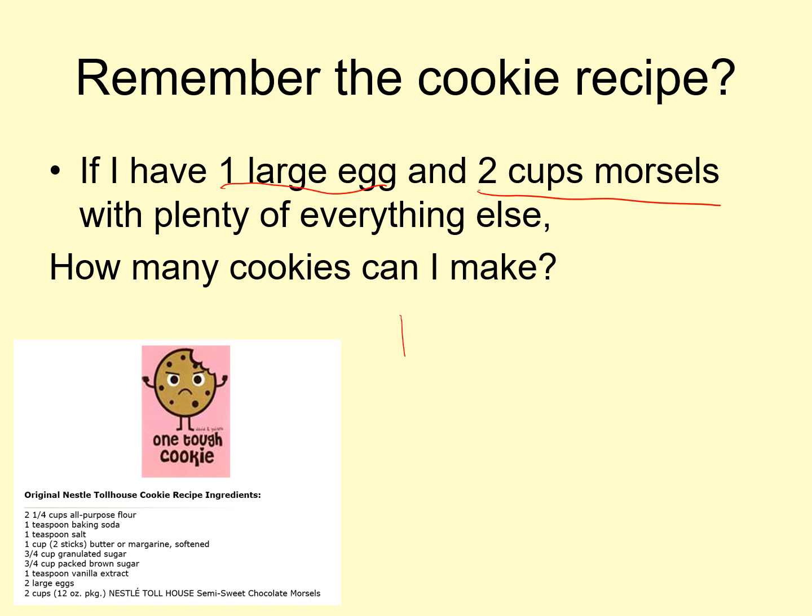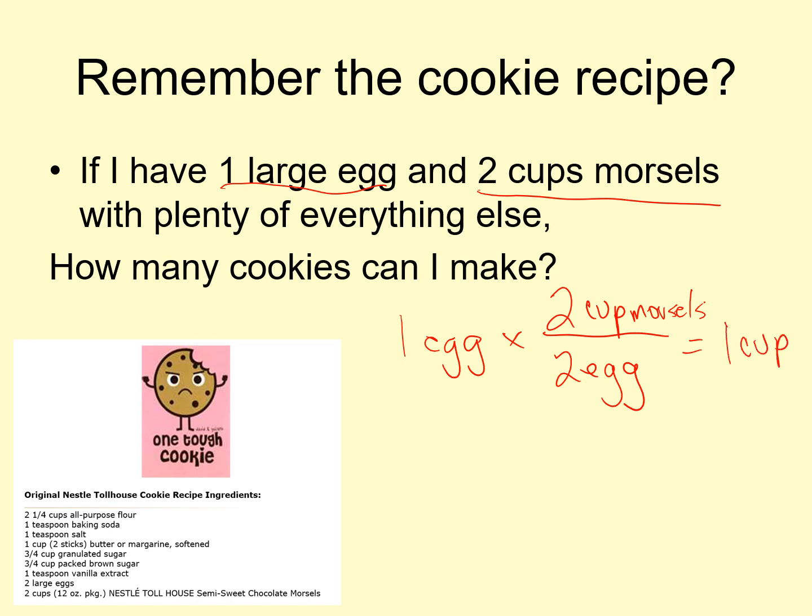I'm going to start with the 1 large egg, and I'm going to say, okay, the recipe says I need 2 eggs for every 2 cups of morsels. So I find out that I will only use up 1 cup of morsels if I have 1 egg.